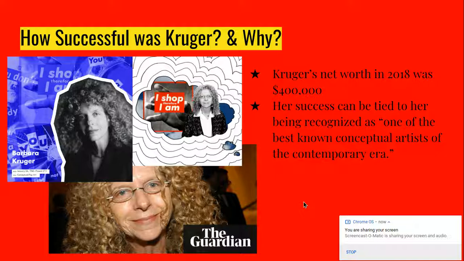Kruger's net worth in 2018 was 400,000. Her success can be tied to her being recognized as one of the best-known conceptual artists of the contemporary era, as well as winning the MoCA Award to Distinguished Women in the Arts in 2001.